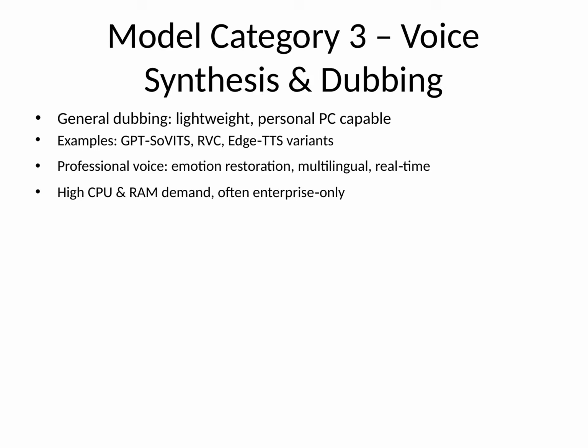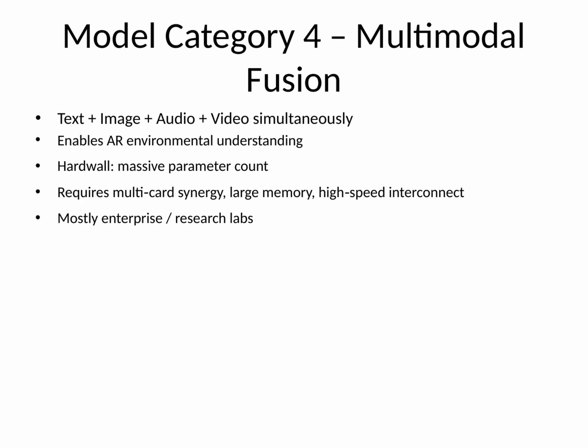As a result, while entry-level voice AI is accessible to individuals, enterprise-grade voice production often demands server-class machines and careful system optimization to maintain both quality and responsiveness in production environments.